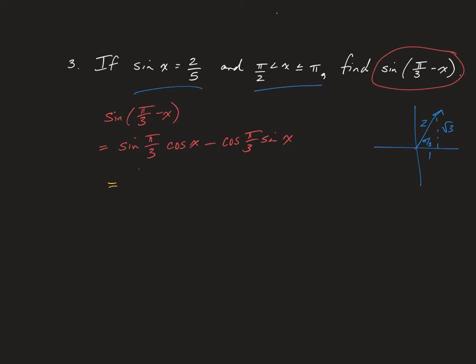So the sine of pi by 3 is root 3 over 2. I don't know the cos of x, so I'm going to have some bracket in there. I can calculate the cos of pi by 3, adjacent over hypotenuse, and if I look back up into the original problem, what I underlined in blue gives me the value of sine x. I've been told that that's 2/5.